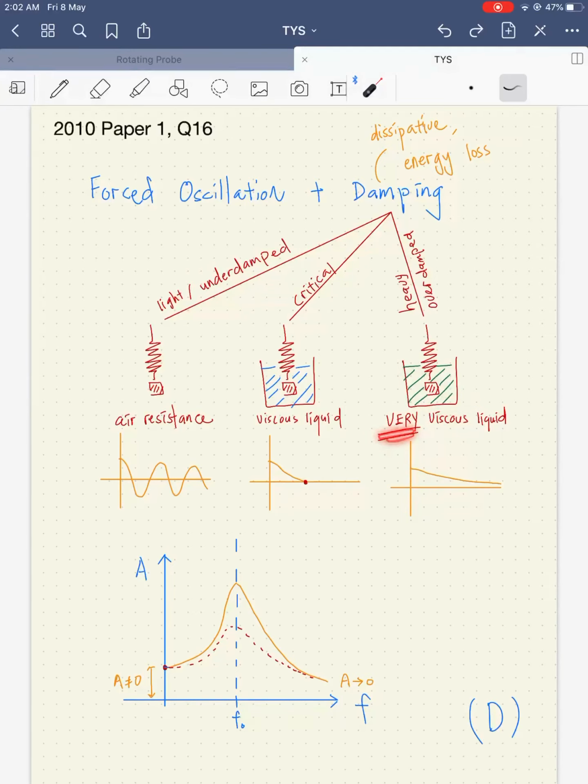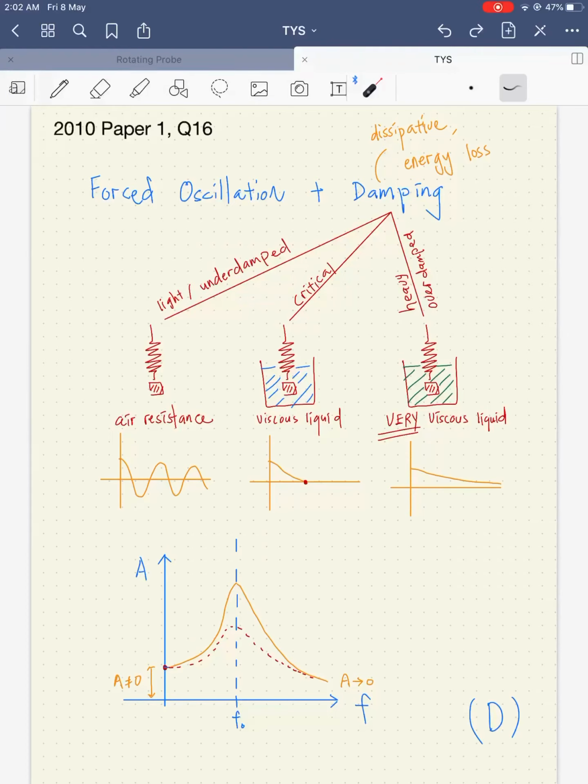When you make a displacement, the mass will slowly go back to the equilibrium point. It is slowed down because of the viscosity. For a very viscous liquid, it will become even slower. So it will take a very long time to eventually go back to zero.